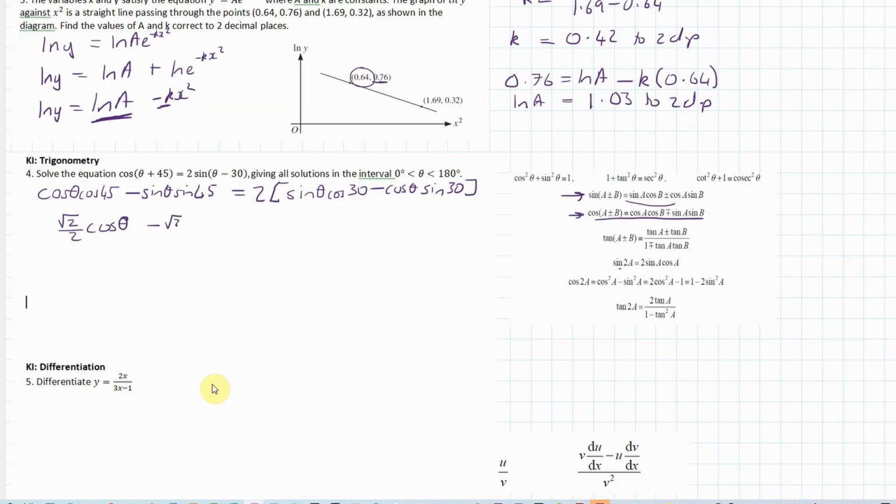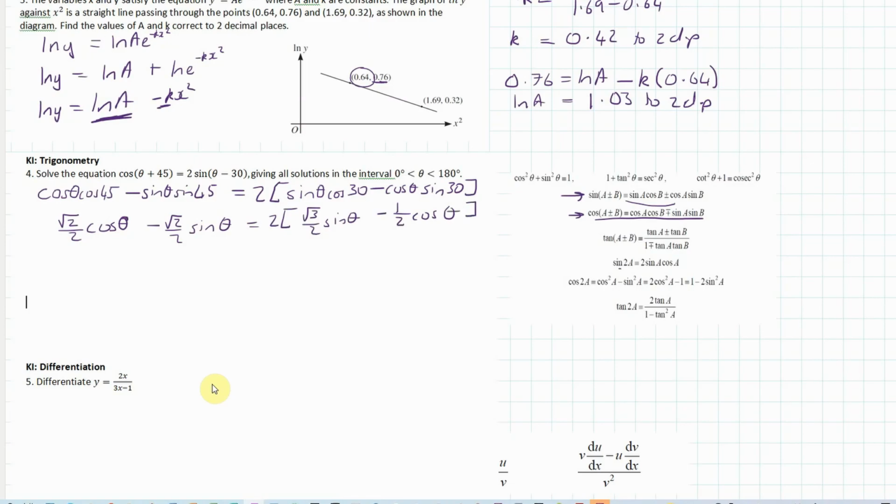Minus square root 2 over 2 sine theta equals, now cosine 30 is square root 3 over 2. So it'll be 2 into square root 3 over 2 sine theta. And sine 30 is 1/2, there we go, minus 1/2 cos theta.